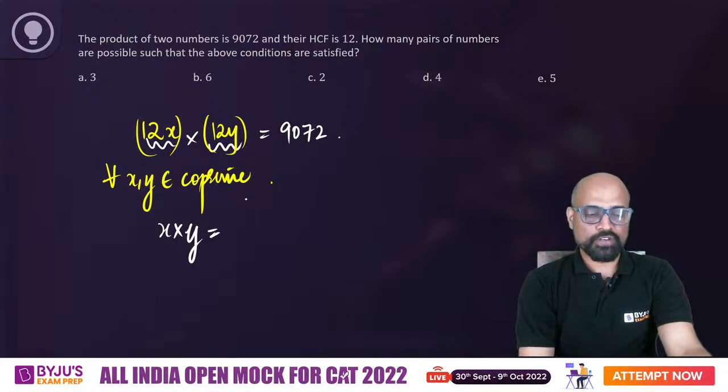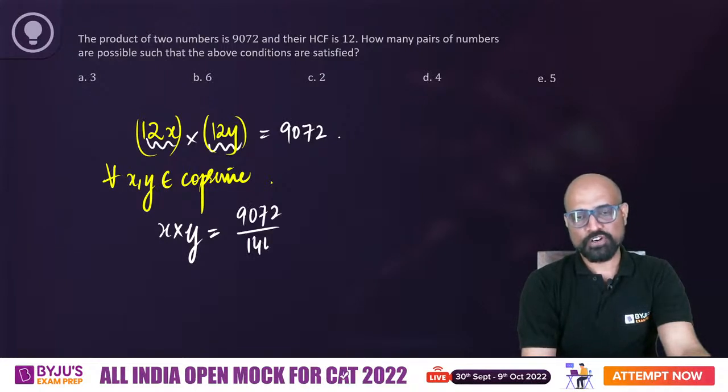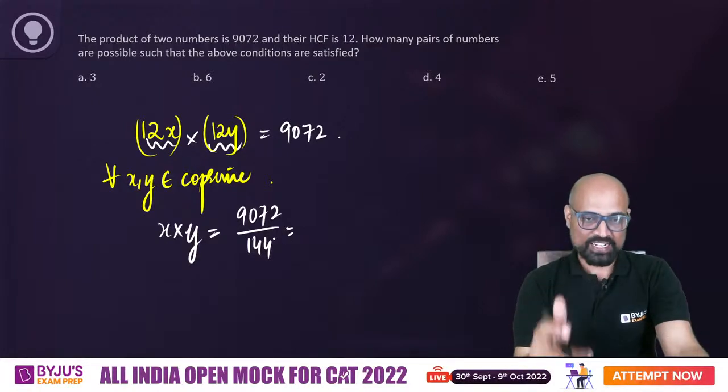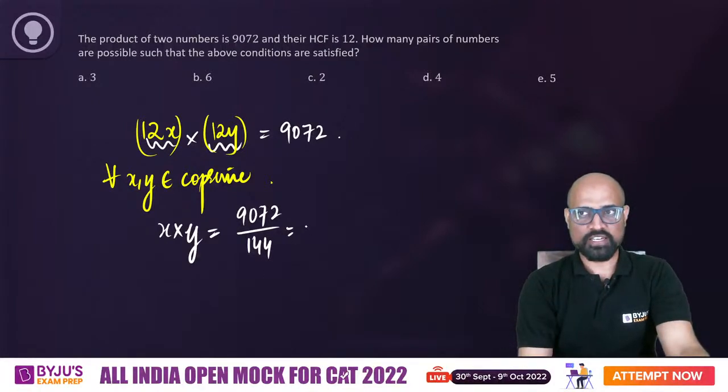So, we have 9072 divided by 144. This should give us 63. So x and y, they are co-prime and their product is 63.